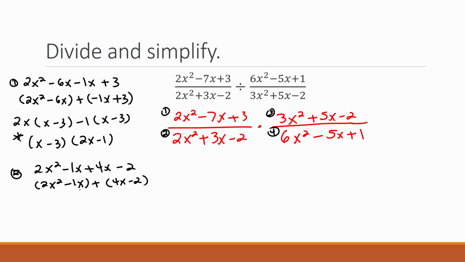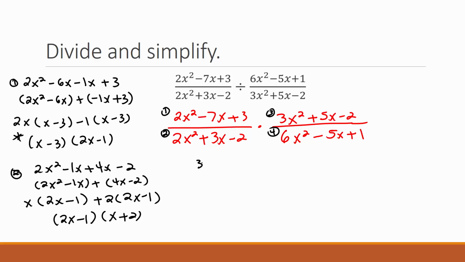So the GCF out of this first group is x. The GCF for the second group is 2. Final step, factor out your common binomial, which is 2x minus 1. And then write the x plus 2 together.